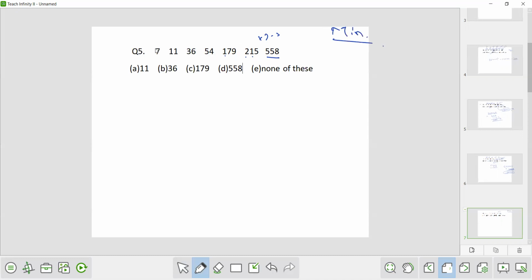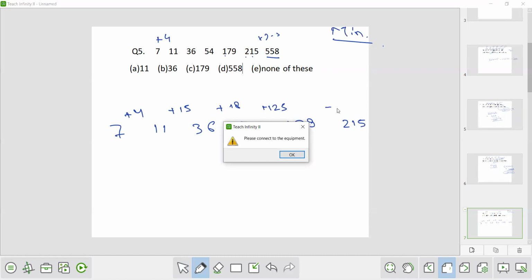So we will start from our smaller number, that is 7, 11. So here you add 4, 7, 11 plus 4, then 11 and 36 plus 25, then 36 and 54 plus 18, then 54 and 179 plus 125, then 179 and 215 plus 36, and then 215 and 558.